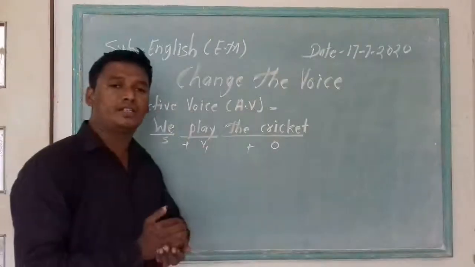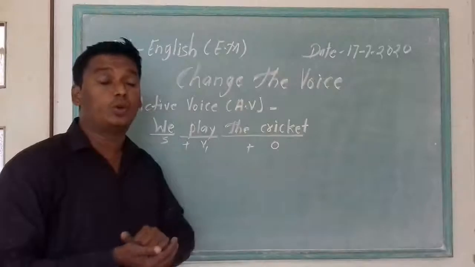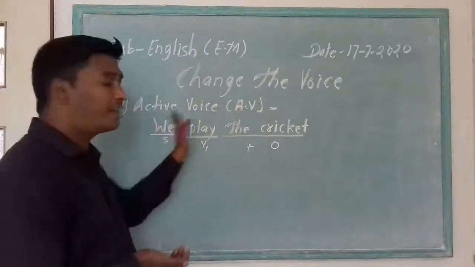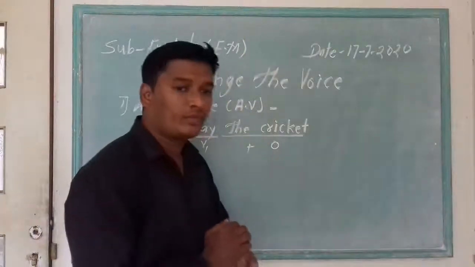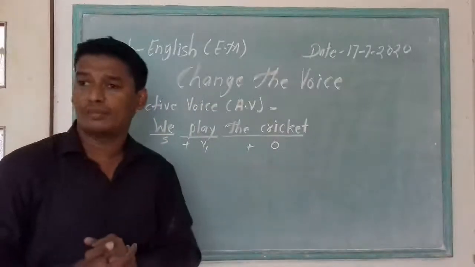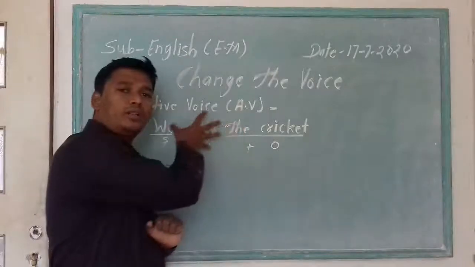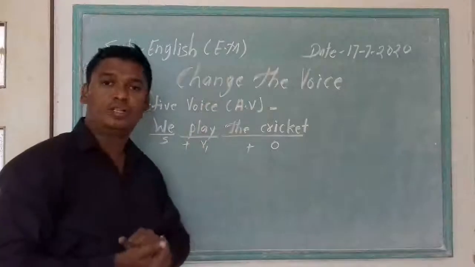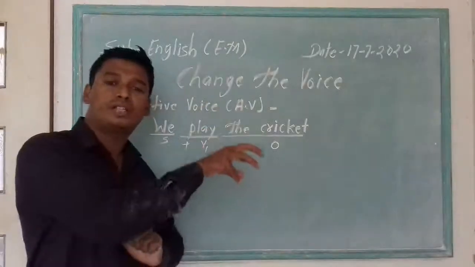In such sentences, the subject, the doer of action, is focused. You should know that active voice sentences start with subject. Who does the action? The doer of action would be focused in active voice.